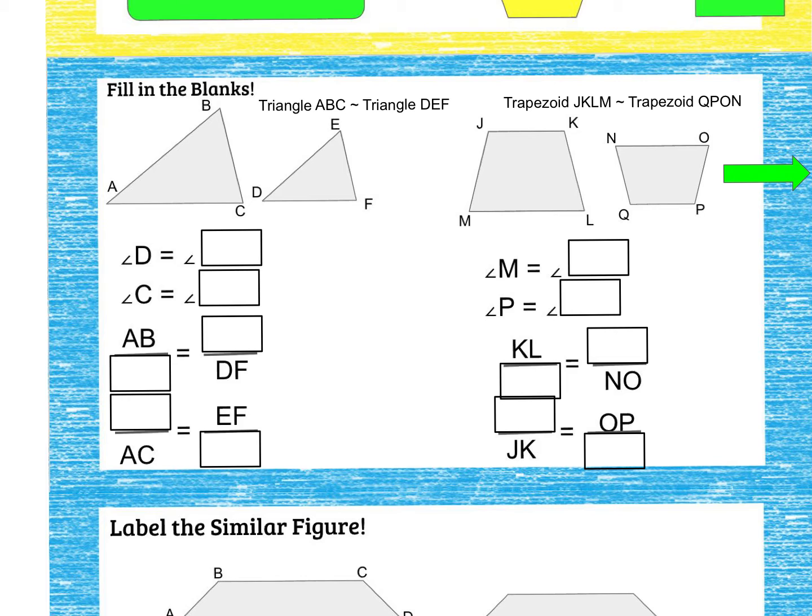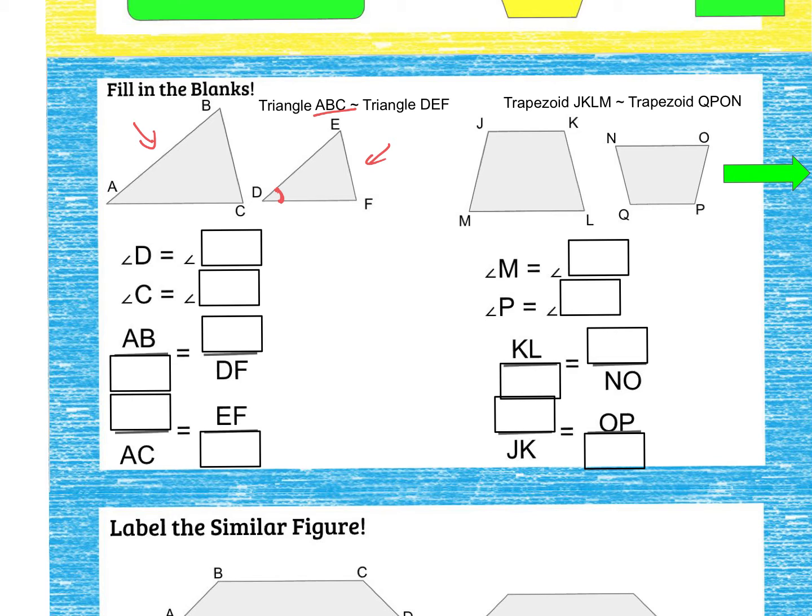All right, for the first one, we're going to fill in the blanks for congruent sides or equivalent angles. So I'm given triangle ABC, which is the one right here, and triangle DEF, which is the one right here. Find the equivalent angle with angle D. And D is right here.